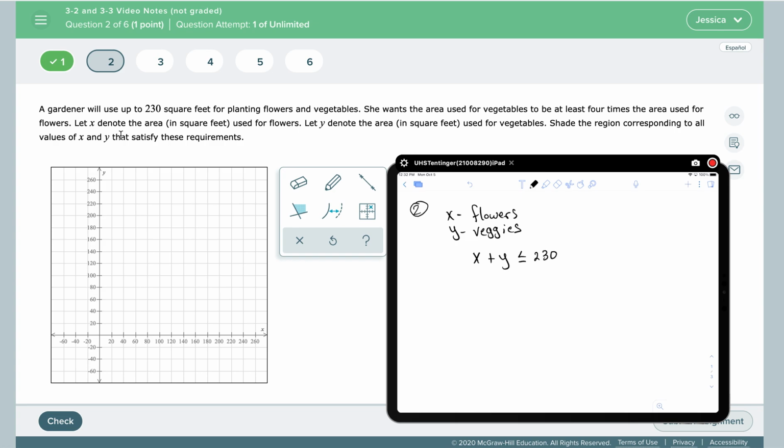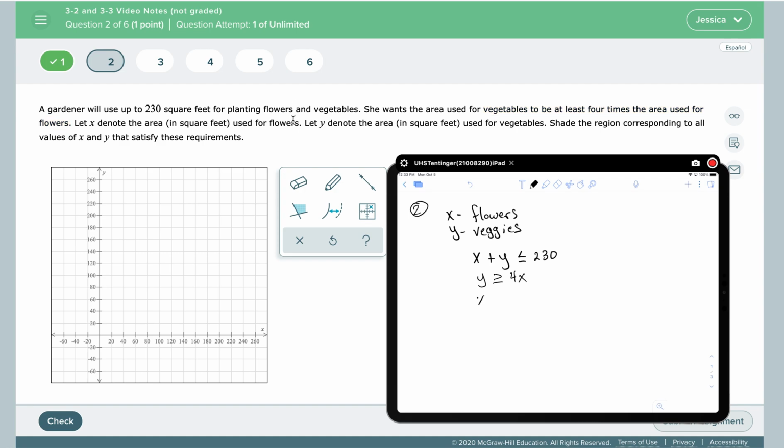So once we run out of space, we can't plant any more flowers or vegetables.